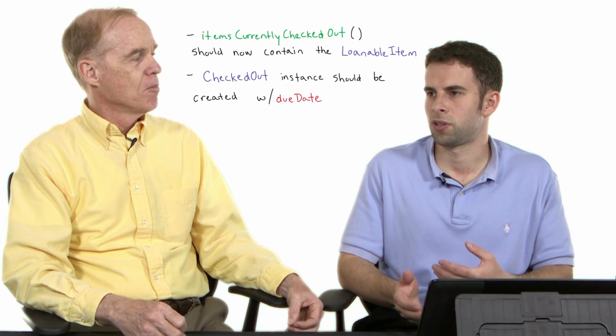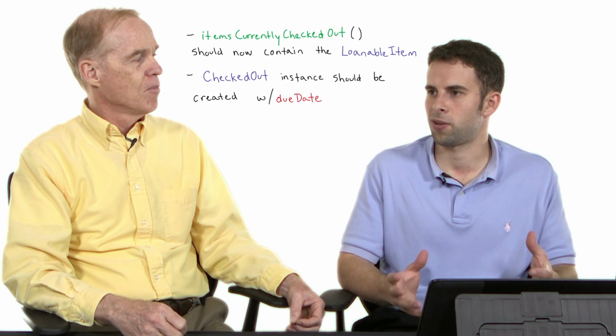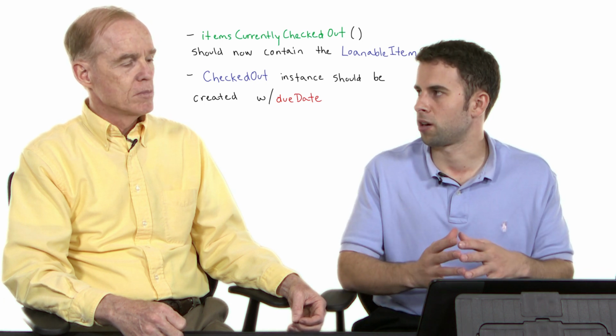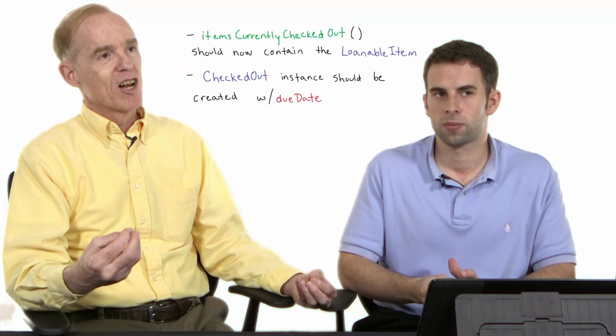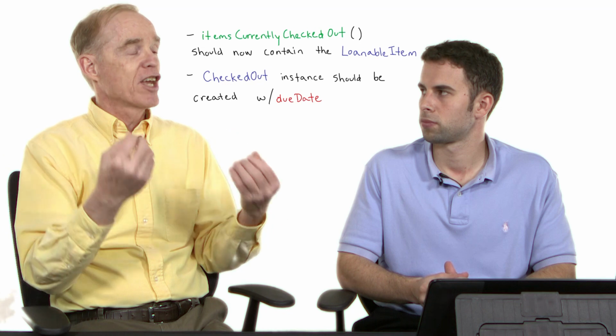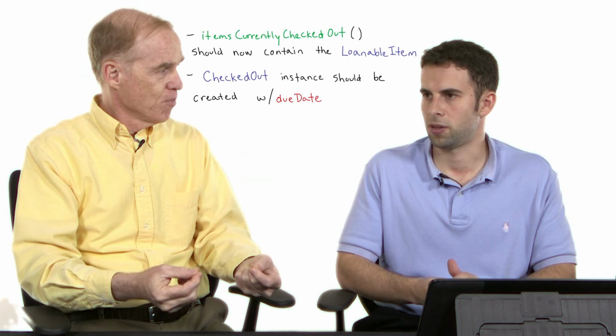The other condition I have, I think is more related to this, is that we have the checked out class represented in our UML diagram. There has to be an instance of that now for this particular operation that's just occurred. So we have the association class checked out. Yes. And the effect of checking out something new would mean that there's another link in that association class instance.